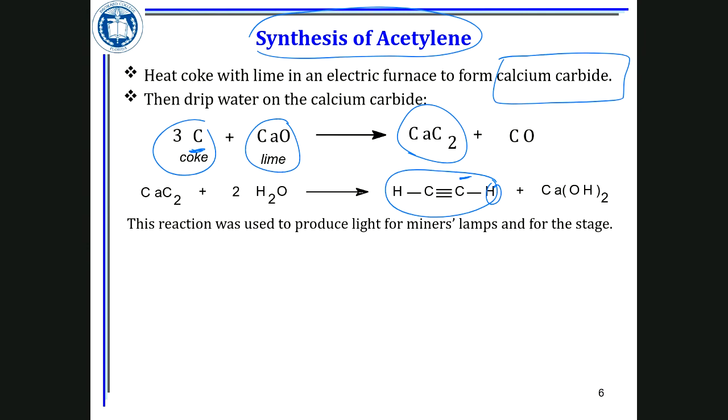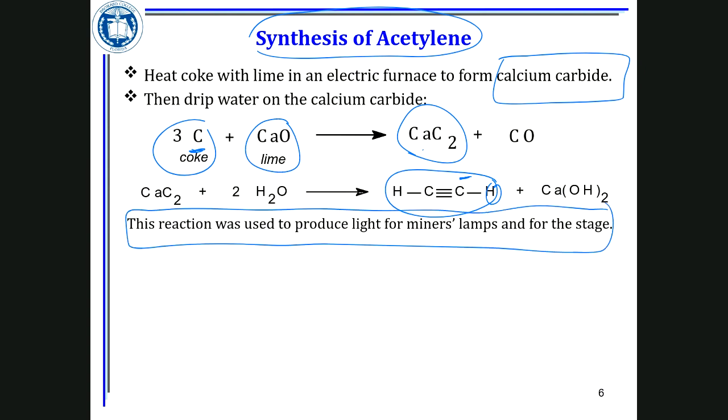You start with carbon and calcium oxide, which gives you calcium carbide, and the calcium carbide with water will give you acetylene as the product. One of the applications of this was to generate light for the miners.